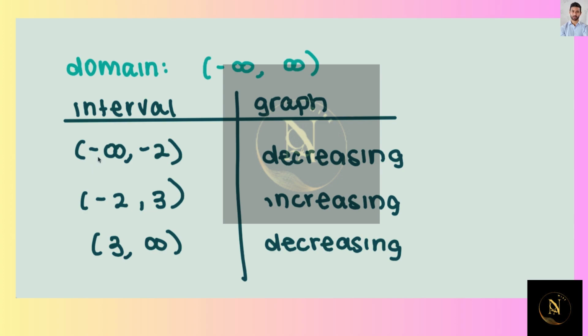So for the interval negative infinity to negative 2, our function is decreasing. Now, if you are confused on how I determine that, all you have to do is pick a number in the interval and plug it into the derivative and see if you get a positive or negative result. The second interval would be negative 2 to 3. We see an increasing function there. And then 3 to infinity, and our function is decreasing there.